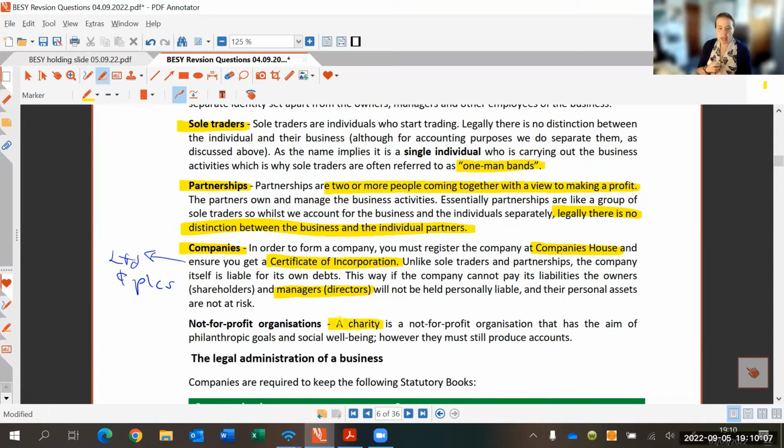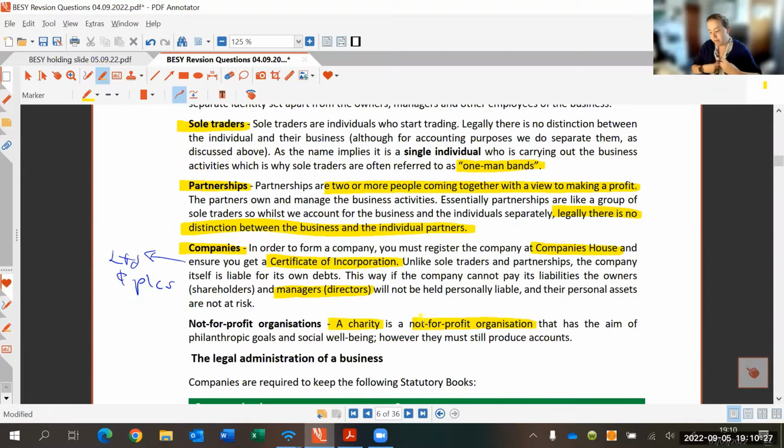Your final organisation that you need to be aware of are the charities. The difference with these is, as it says, they are not looking to make a profit. So they are just looking to cover their costs to do the charitable work that they do to help people or animals, or it might be that they're raising funds to help people in other countries.